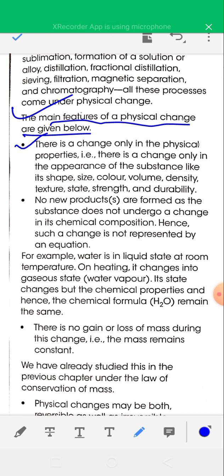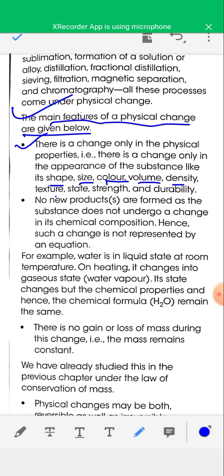That is, there is a change only in the appearance of the substance, like change in shape, size, color, volume, density, texture, state, strength, durability. These are physical properties, and change in these physical properties is known as physical change.